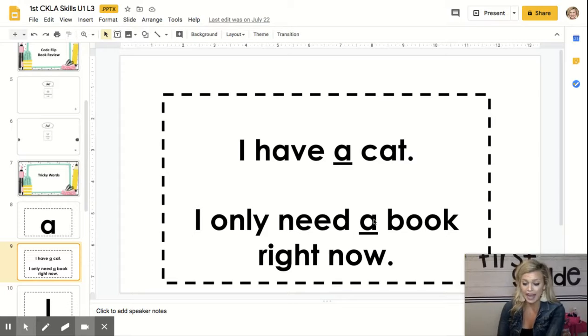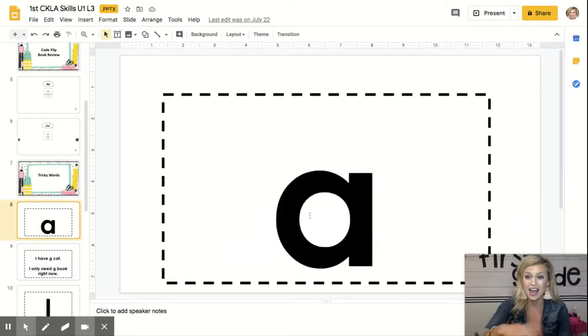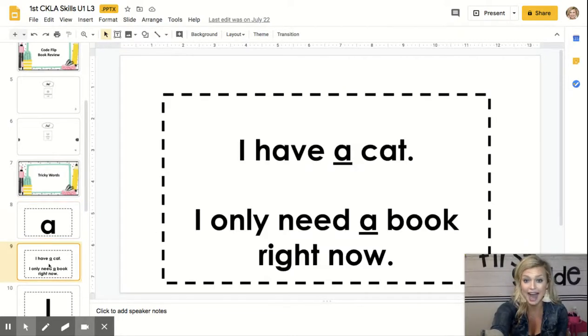When I'm reading A, I have to pronounce it as the sound or the A sound. And I have to remember to spell it with just one A. When I see it all by itself like this in a sentence, like I have a cat, I need to remember that's either a cat or a cat, and I'm going to say it like that.